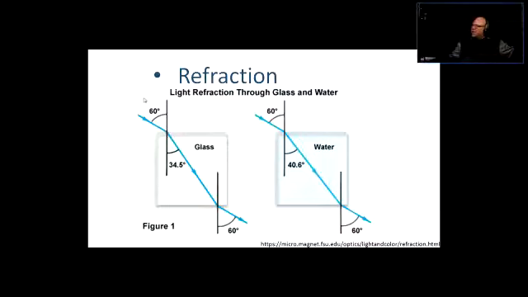If the angle is different, it could reflect, bounce off, or it could travel along the interface. There's something called a critical angle. So at some point, the angle is going to be the angle of reflection, and at some point, the angle is going to be the angle of refraction.